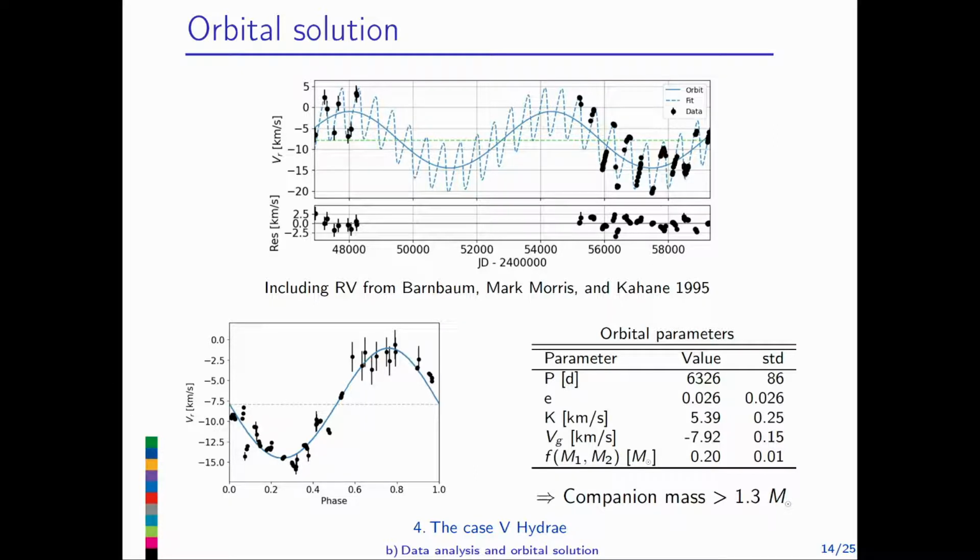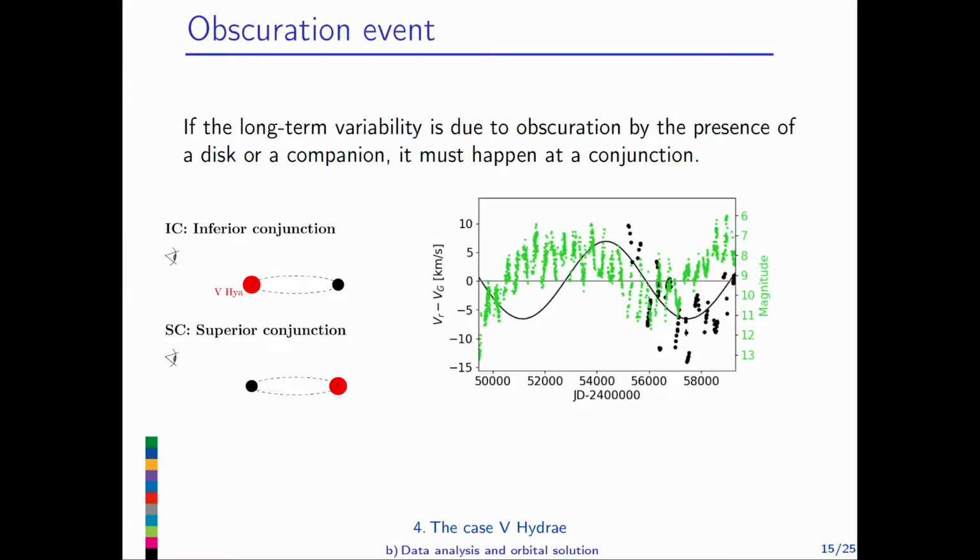So it's kind of interesting, because as I will show you, this period is really compatible with the period found in the light curve, and therefore we can compare the light curve and the radial velocity curve. So that's what is done here. We have superposed in green the light curve variation, and in black the radial velocity variation, in order to see when happened the dimming event that is found in the light curve.